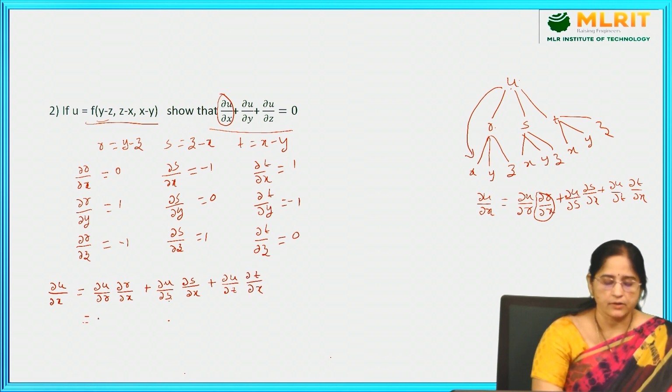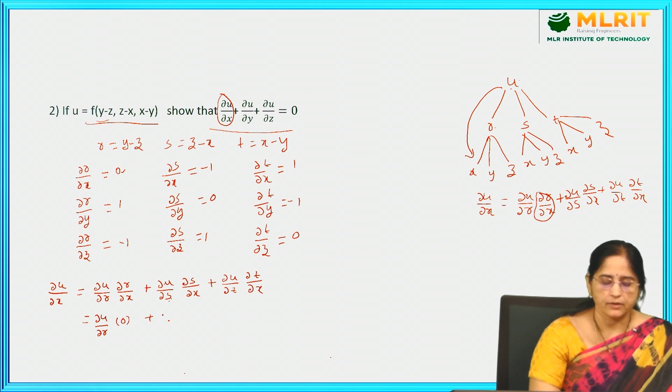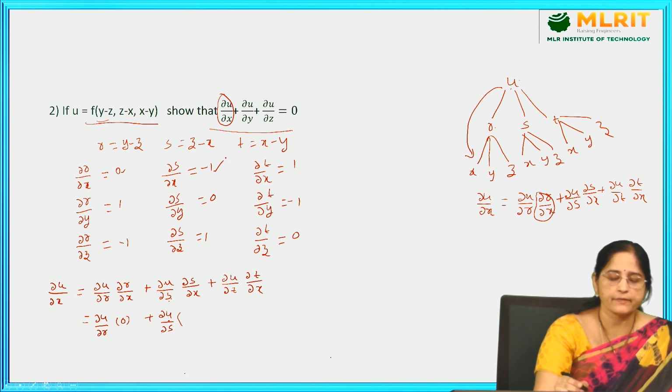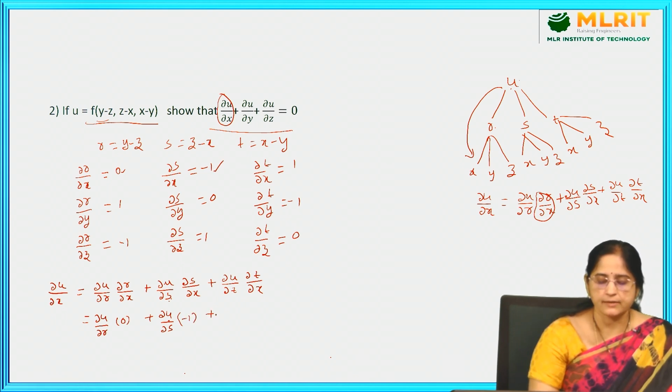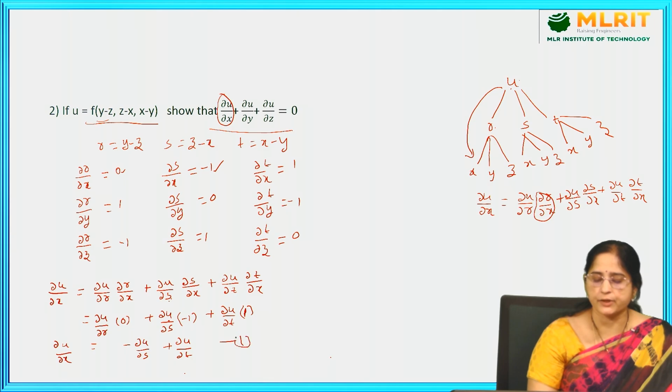So this is ∂u/∂r into ∂r/∂x, where ∂r/∂x value is 0, plus ∂u/∂s into ∂s/∂x, where ∂s/∂x value is minus 1, plus ∂u/∂t into ∂t/∂x, that value is 1. So this is equal to minus ∂u/∂s plus ∂u/∂t. Finally, we are getting ∂u/∂x equal to this. Take this as equation 1.